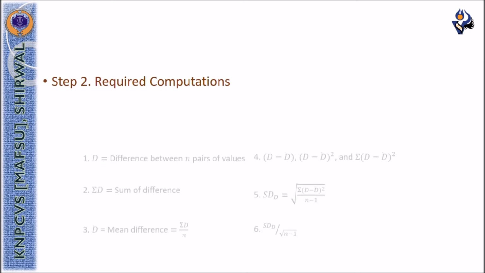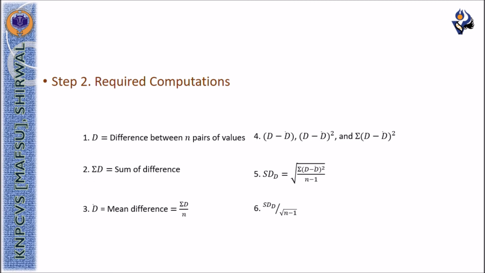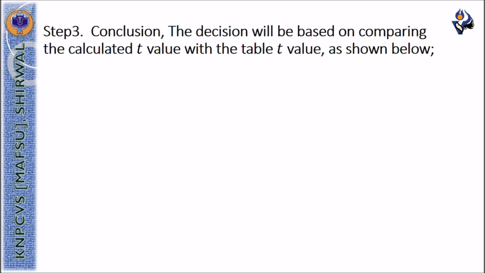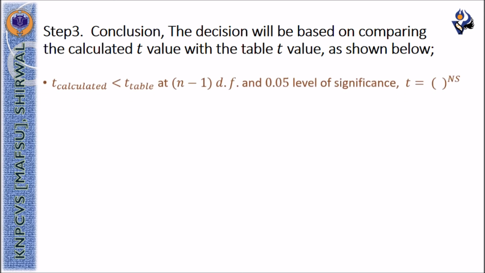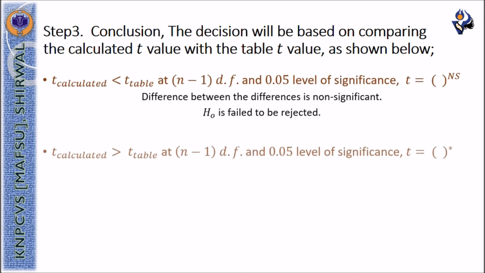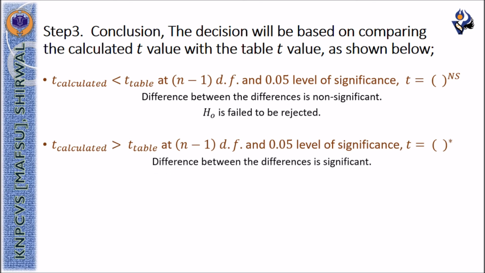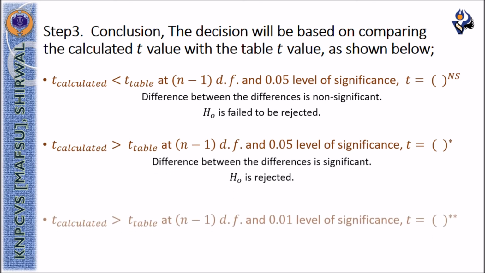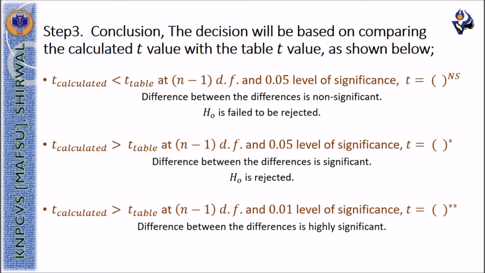In this case, there are some basic computations which are required to be performed before the test, which are shown over here. Again, here in this particular case, the decision will be based on comparison of the calculated t-value with the table t-value as shown over here in this slide.